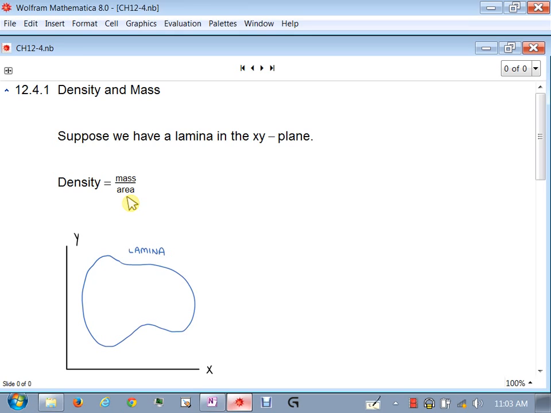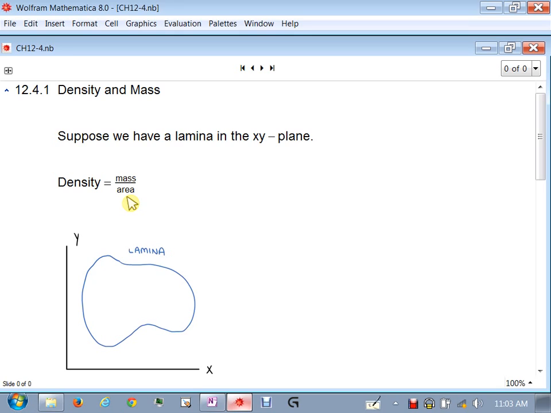So we're going to look at like a sheet of paper, which we're going to call lamina, and imagine that this sheet of paper has density at every point. So at every point, you get like a little infinitesimal point there, and you look at the mass of that infinitesimal point divided by the little infinitesimal area, and that would give you the little infinitesimal density.